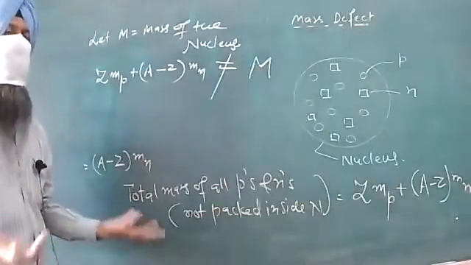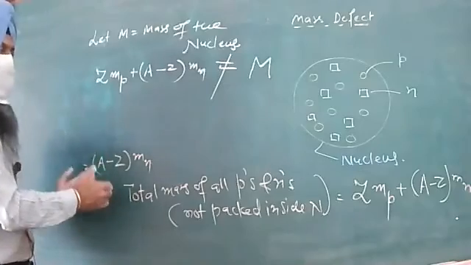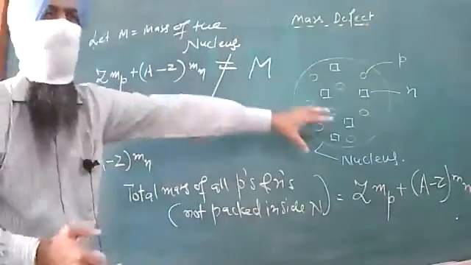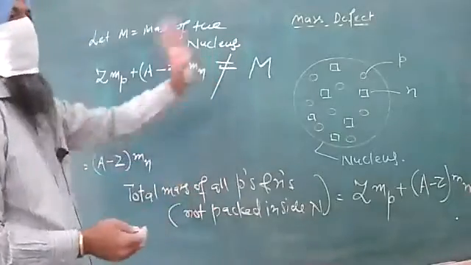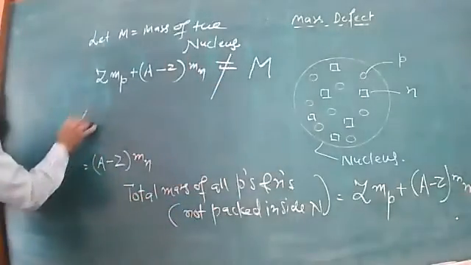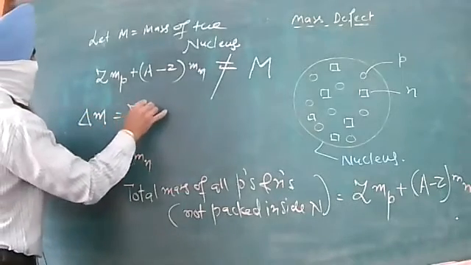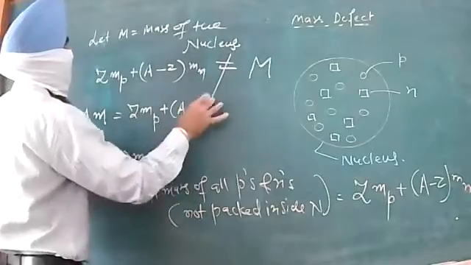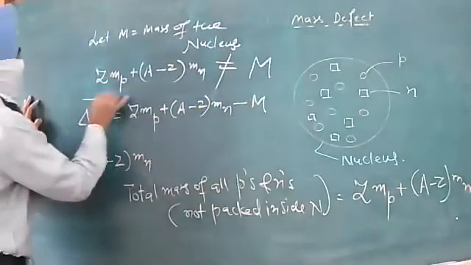Then what happened to the mass? When these have some mass outside the nucleus, that appears to be large, but when these are packed, that becomes less. This difference of the masses is called the mass defect. So I can denote it by delta M, which is equal to Z mp plus A minus Z into mn minus capital M.